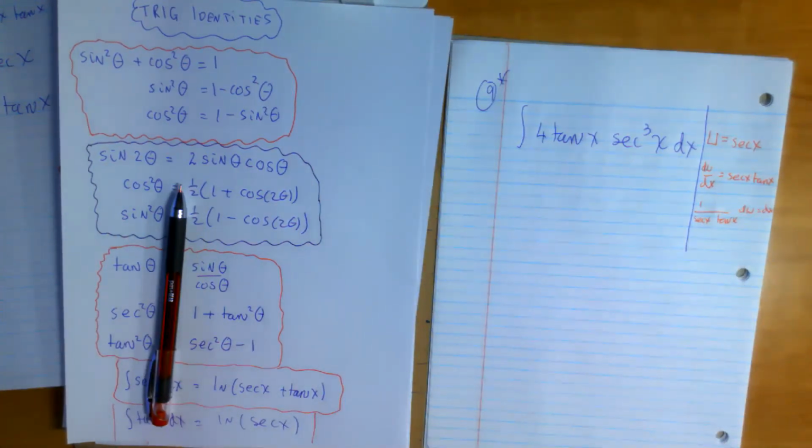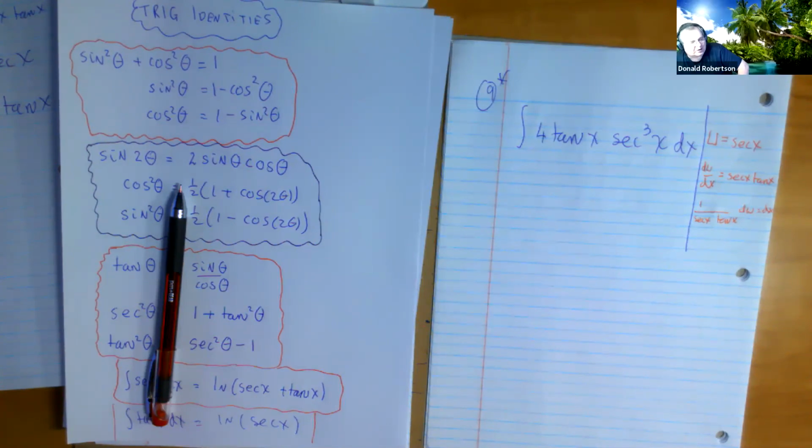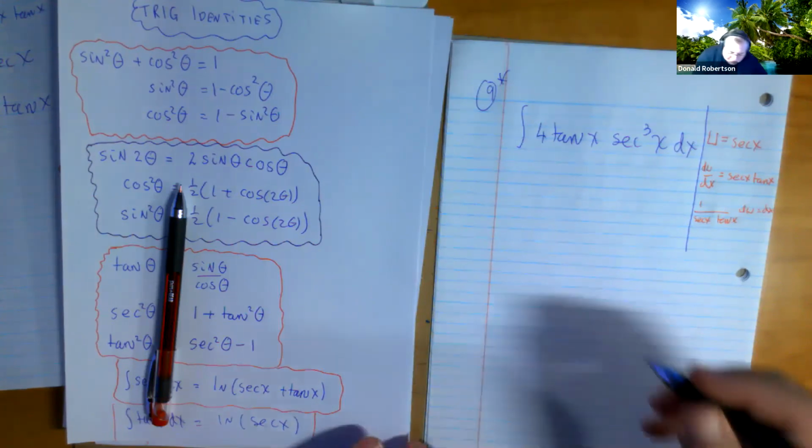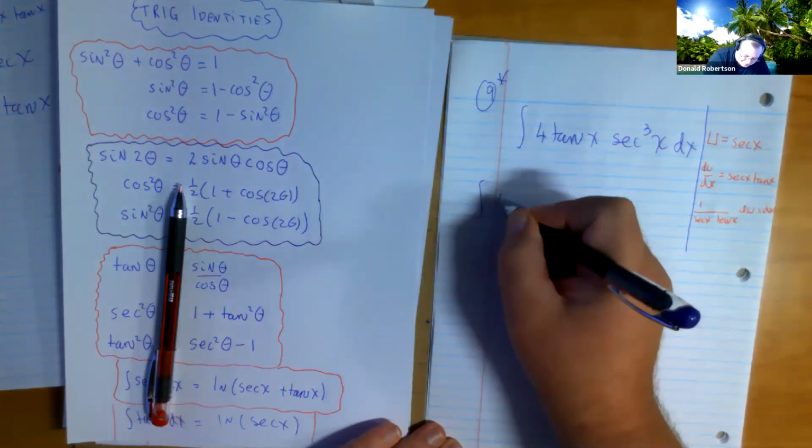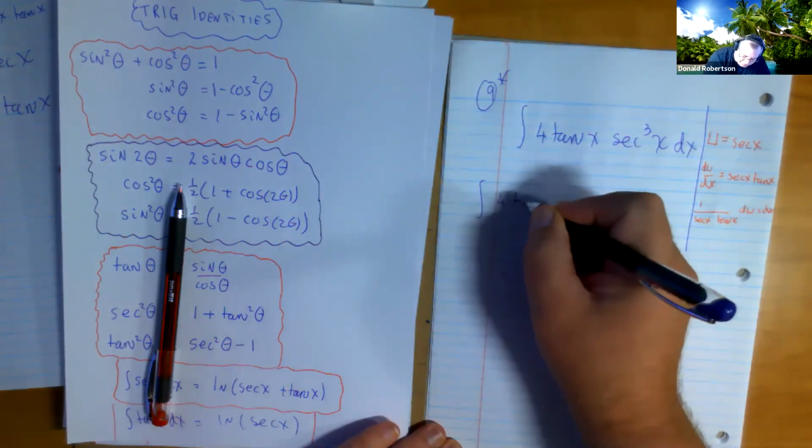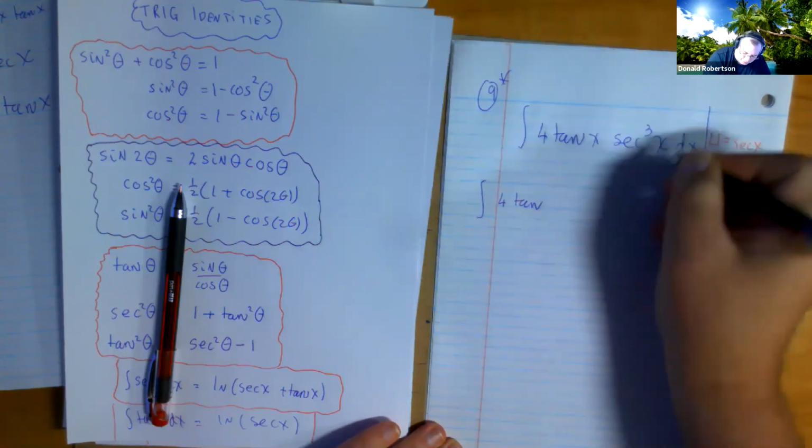Yes. So when you do your u sub, you would still leave one of those secant x's out, so you can divide the tan x secant x away, right? Yes, you're about to see me do exactly that. So yep, you are right. Normally, you would immediately turn that into u cubed.